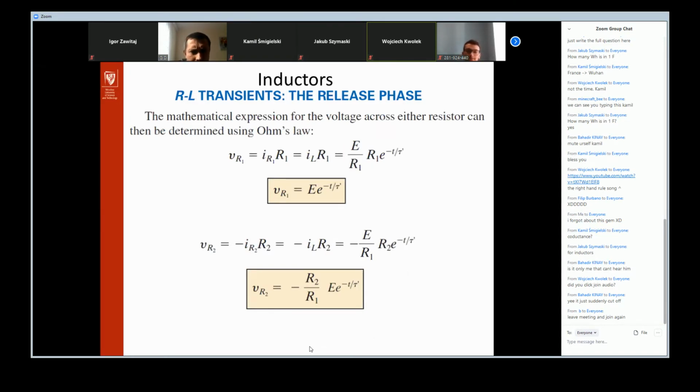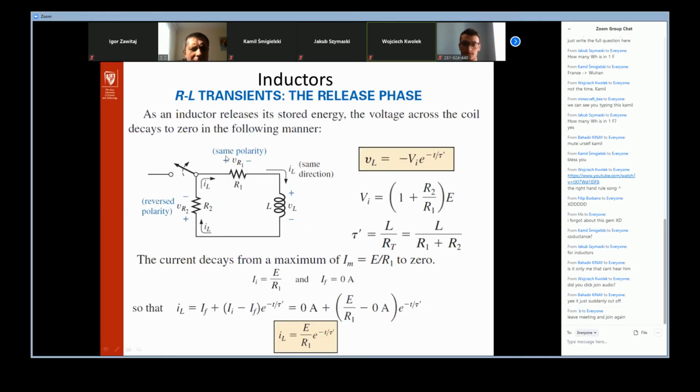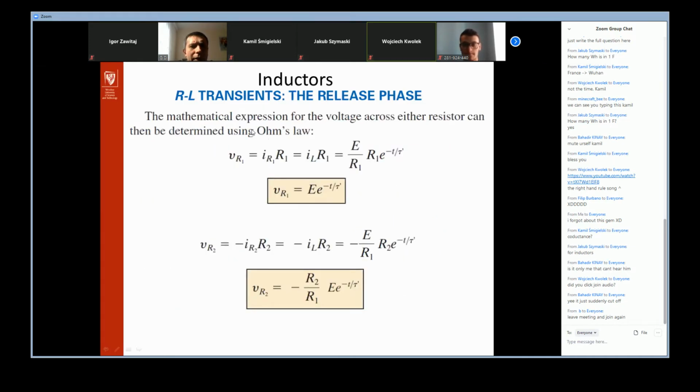Okay, so what next? Also, we can describe the mathematical expression for the voltage across the resistances using just Ohm's law. Why? Because this current IL also passes through this resistor R1. So if we find IL, it is very simple to determine, using Ohm's law, the voltage drop value on these components.